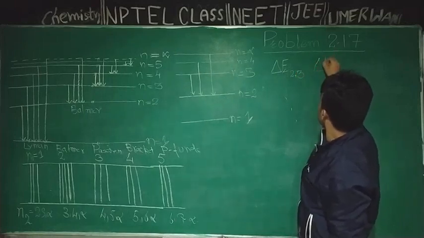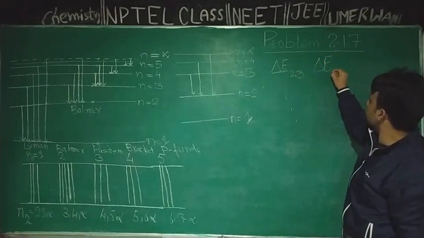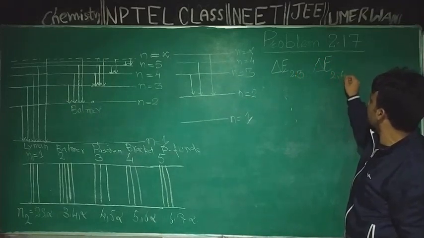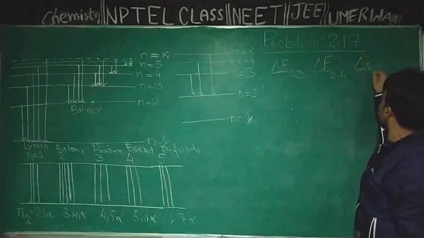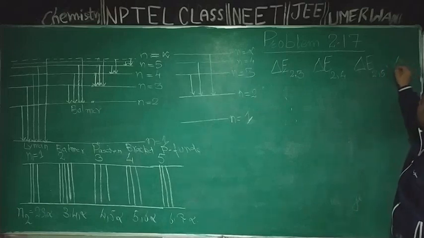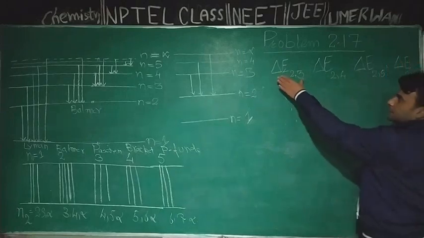Similarly, transition energy for the second line, I will represent by delta E 2-4. For the third line, delta E 2-5. And for the series limit, I will represent delta E 2-infinity.